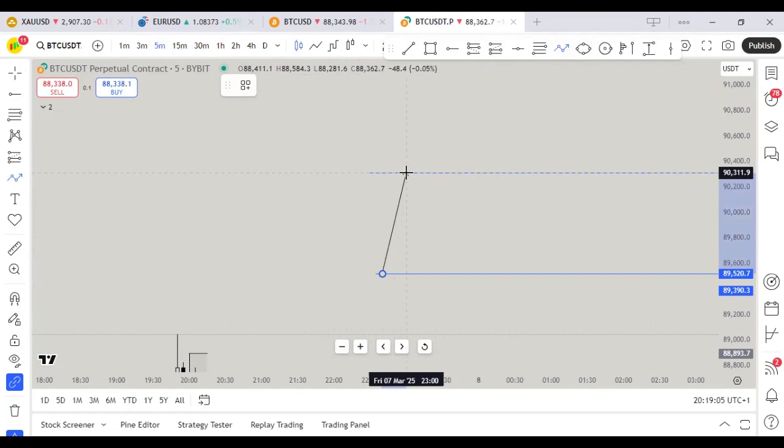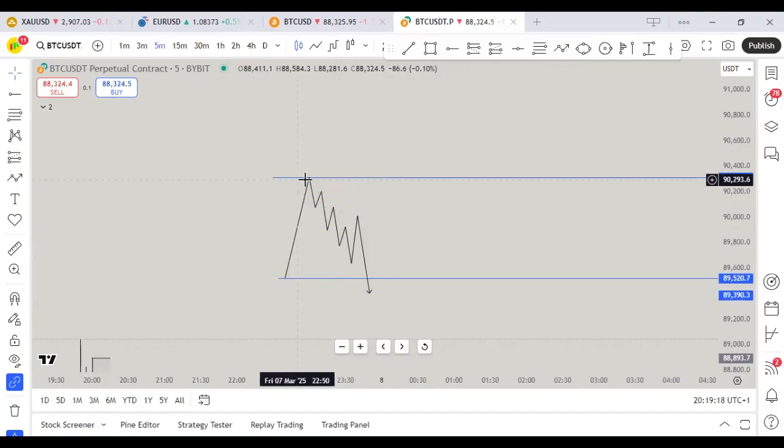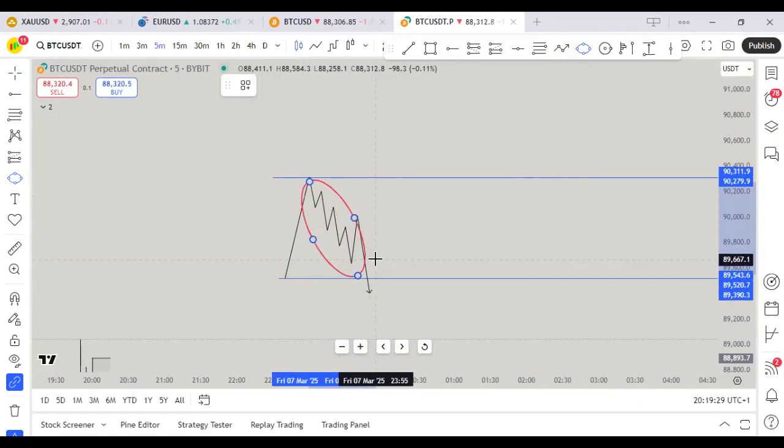We have this, and this. Now, this high right here on the higher time frame is called external liquidity, while all these trades we took right here are called internal liquidity.